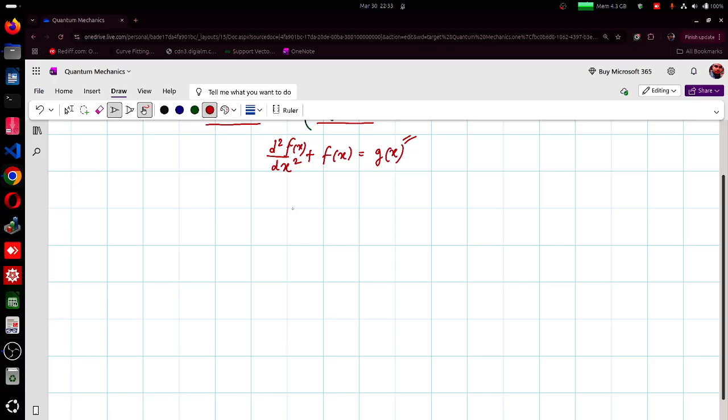So we consider another differential equation, d2G(x, x prime)/dx2 plus this, nothing but this.